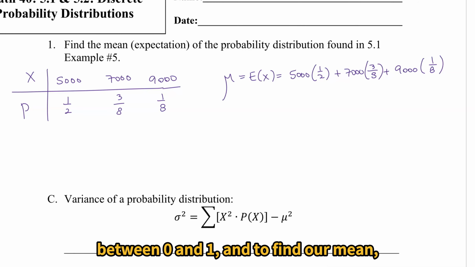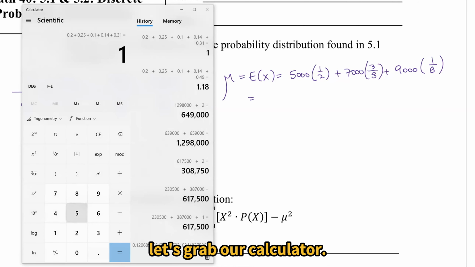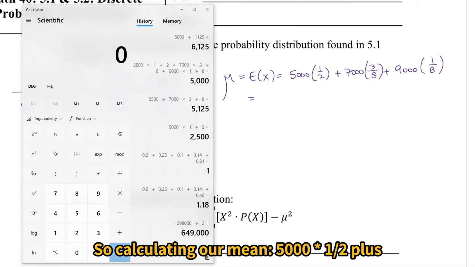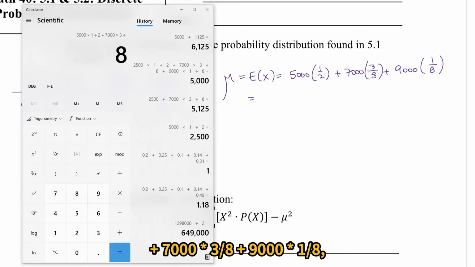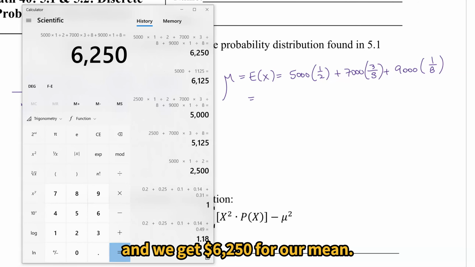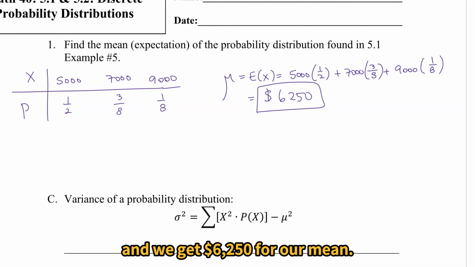And to find our mean, let's grab our calculator. So calculating our mean, 5,000 times 1/2 plus 7,000 times 3/8 plus 9,000 times 1/8. And we get $6,250 for our mean.